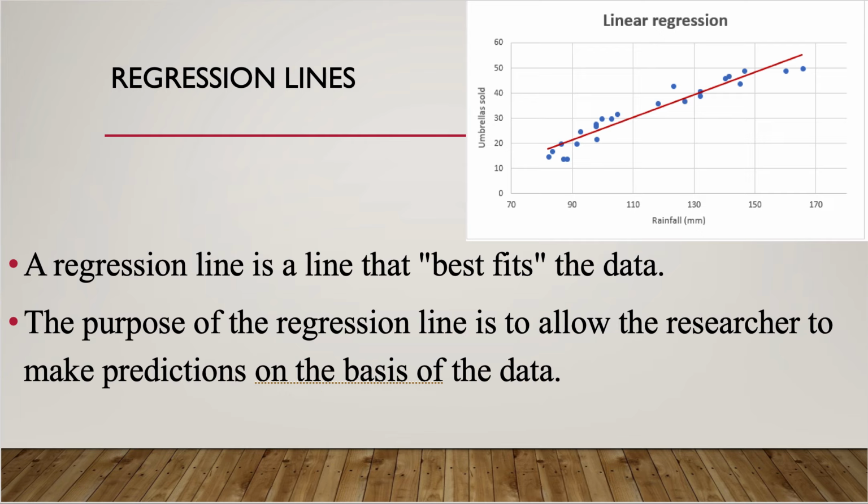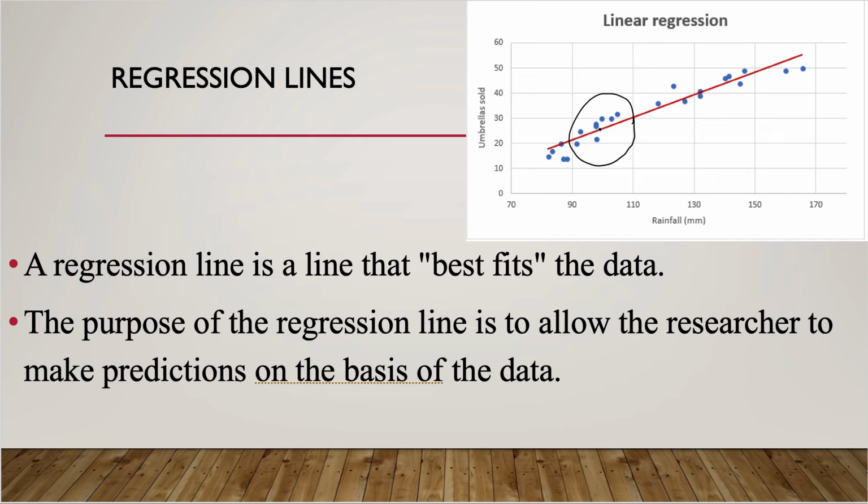So it would be almost impossible for me to take a straight line and draw it through all of those points. But the regression line just simply does the best job that it can. It may be a little lower than some of the points and a little higher than some of the points, but we assume that things kind of balance out. The regression line, that red line on the graph, is the line that best fits the points.